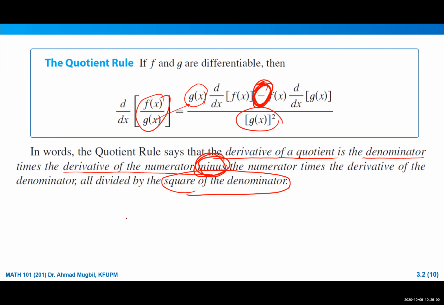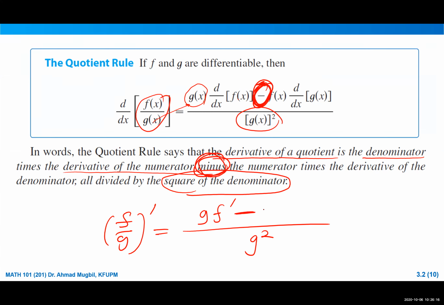Square the denominator. So if you have f over g and you want to find the derivative, just write a big fraction bar, with the square of the denominator below, and above it the denominator times the derivative of the numerator minus the numerator multiplied by the derivative of the denominator. It's like this. Now add it to your table of derivatives that I told you about.